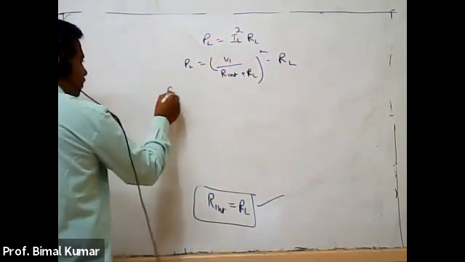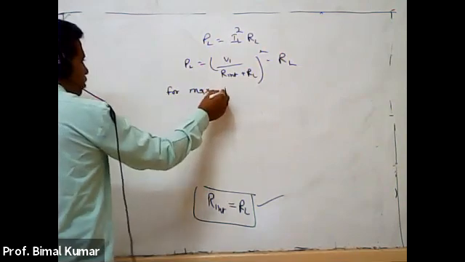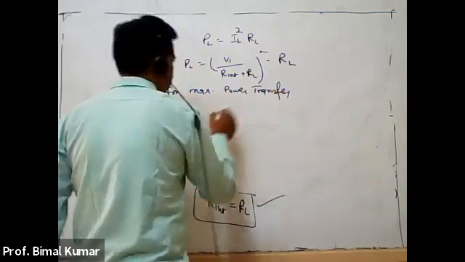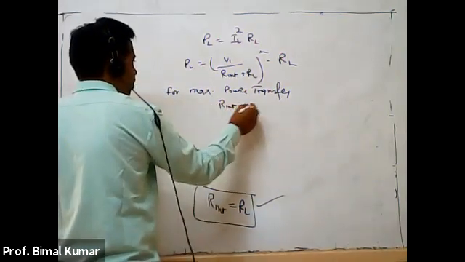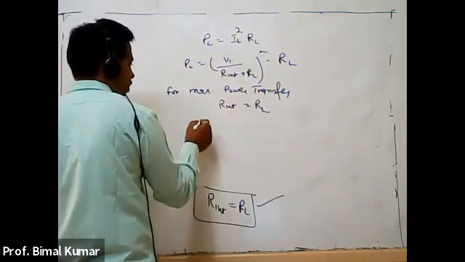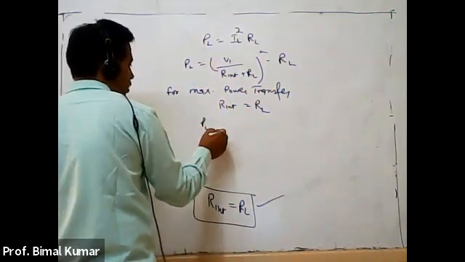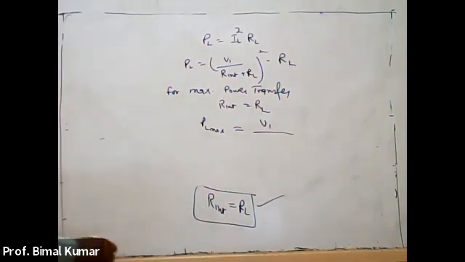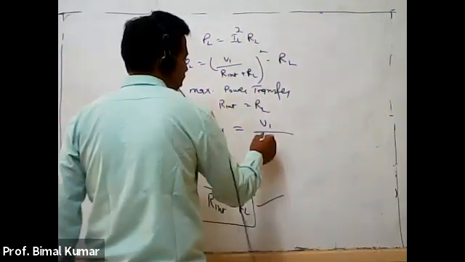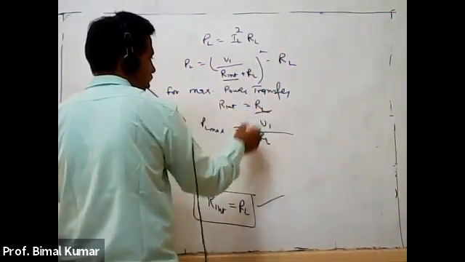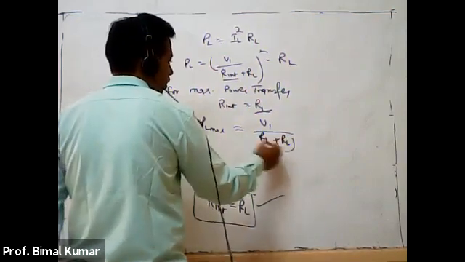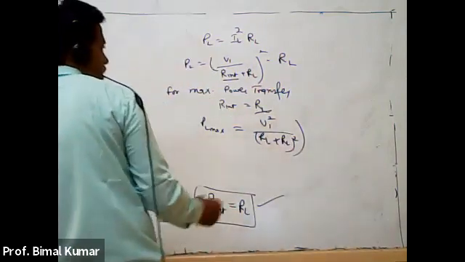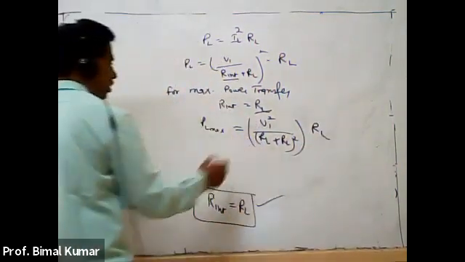For maximum power transfer, R internal is equal to RL, substituted here. That means PL maximum is equal to V1 upon RL plus RL, instead of R internal I am substituting RL, the whole square into V1 square into RL, right?